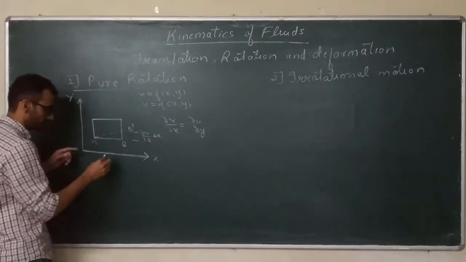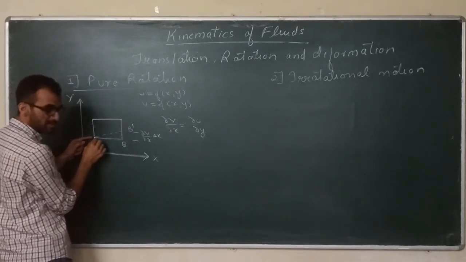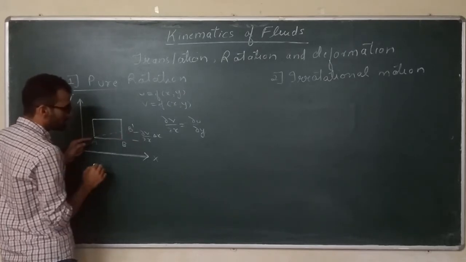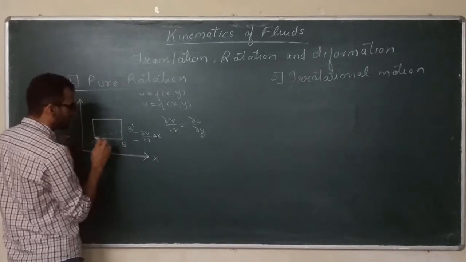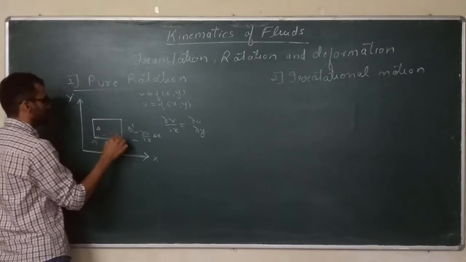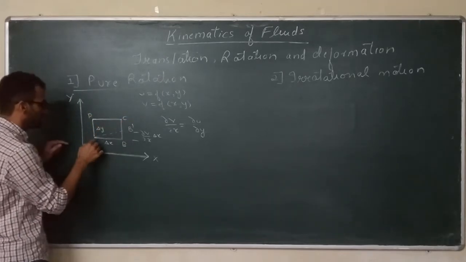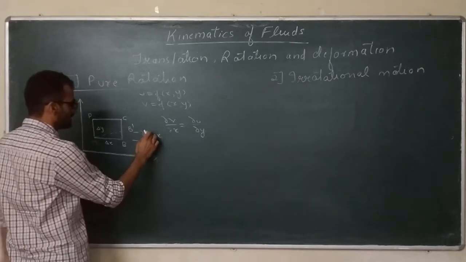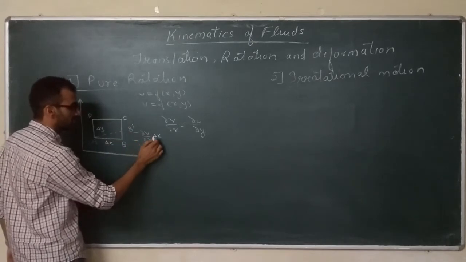This deflection would be because of the velocity v. So the velocity at point B would be v plus del v by del x into delta x. Since AB is delta x and AD is delta y, this extra displacement in the vertical direction would be del v by del x into delta x.